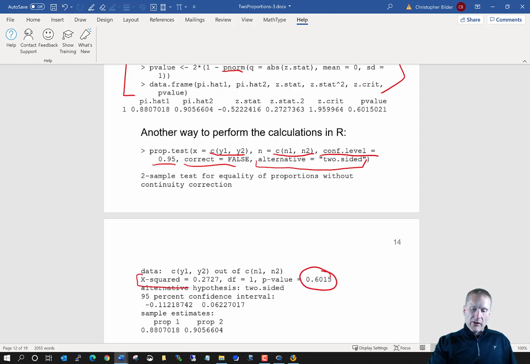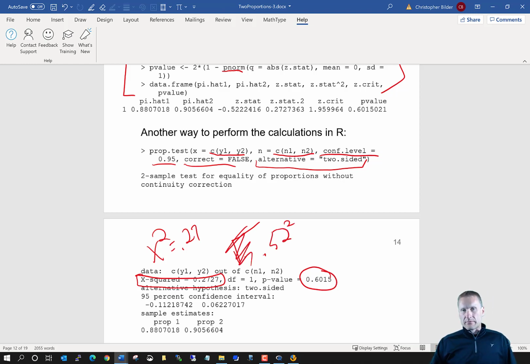This test statistic, let's call it X-squared, 0.27. We saw this issue back when we were doing this with one proportion, and what this actually is representing is what we got for z squared.